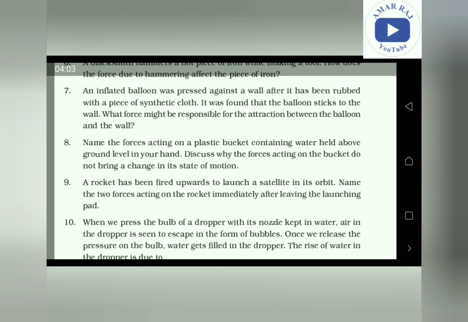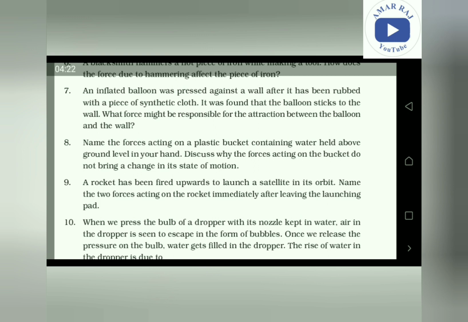Now question number 9. A rocket has been fired upward to launch a satellite in its orbit. Name the two forces acting on the rocket immediately after leaving the launching pad.